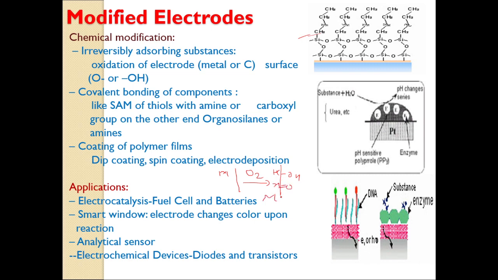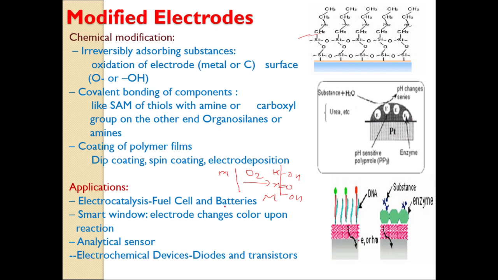Now this one is plain metal, there is no functional group on it, but if electrochemical oxidation is carried out, then the surface of the metal can be modified. So this functional group gets attached on the surface of the metal, and now this OH may form bonding with other molecules, it may form covalent bonding. So different types of molecules can be easily adsorbed on this surface rather than the pure metal surface.